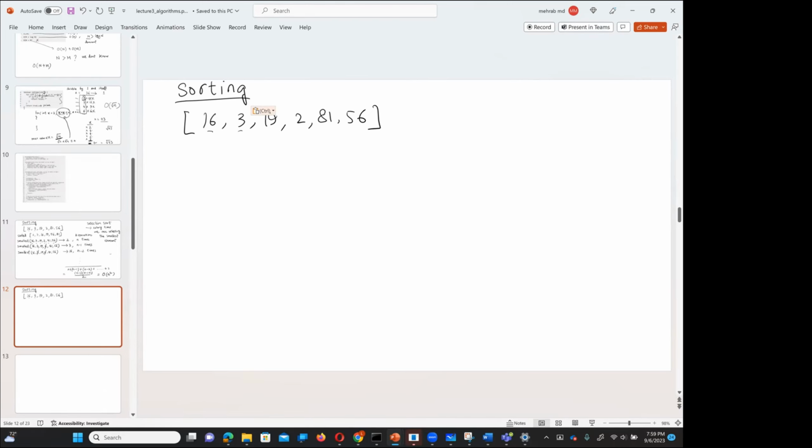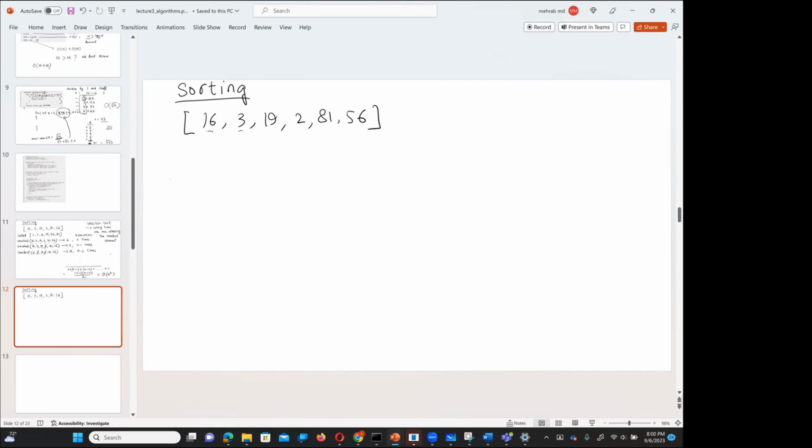So basically, first, I'm just selecting a minimum. So 16, say I'm saying 16 is my minimum. And then I'm going here and checking. Let's say this is how it is, if I write it as an algorithm.